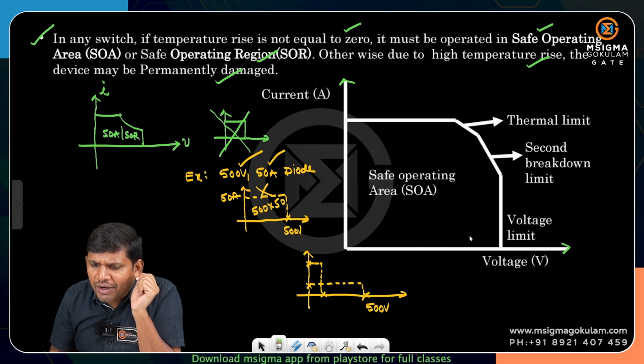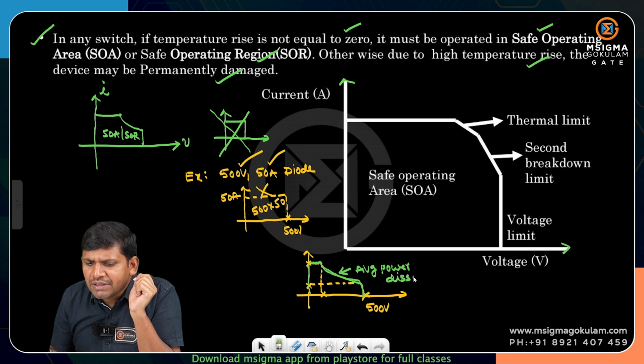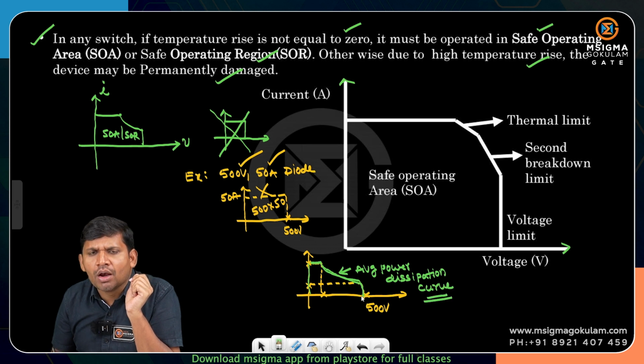Then what is the safe operating area, students? We get the safe operating area like this. That's why the safe operating area is always represented like this. We never represent it like this. This curve indicates the average power dissipation curve. That means if the device is blocking high voltage, the current is very small.